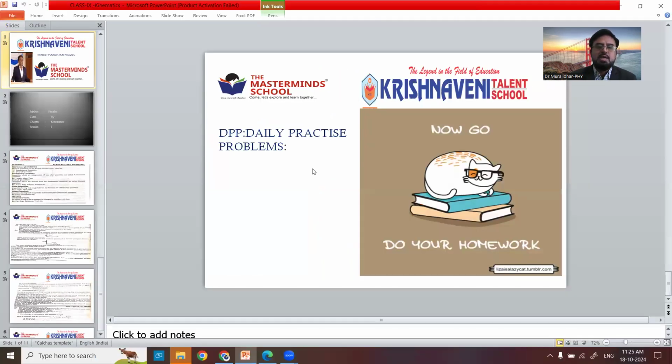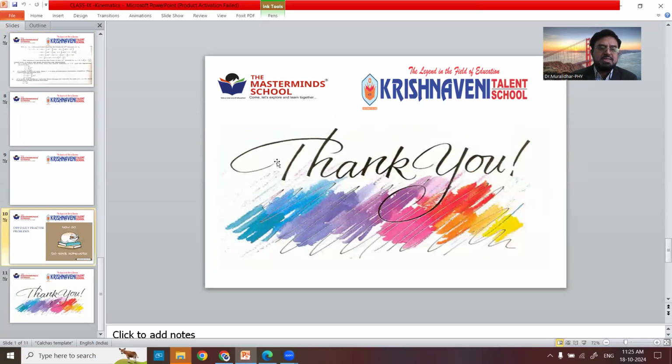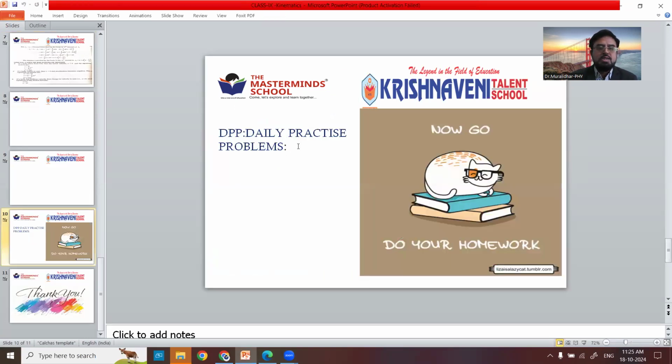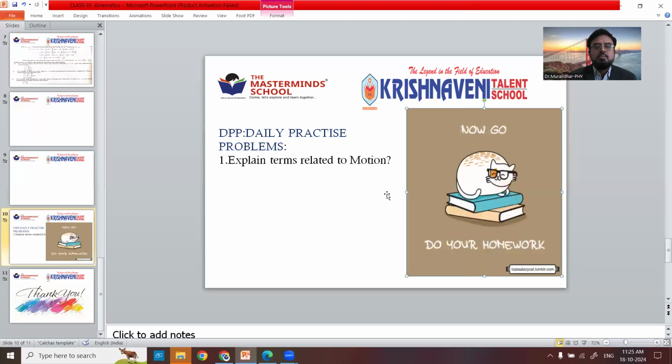After learning about these equations of motion in tomorrow's class, today's homework you can take. This is called homework: explain the terms related to motion.